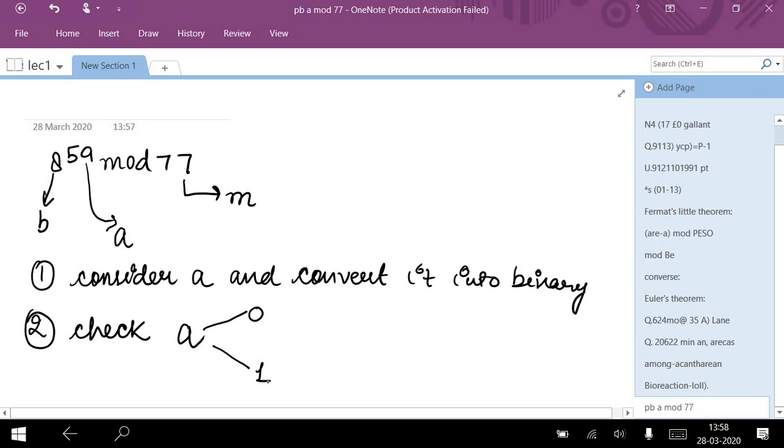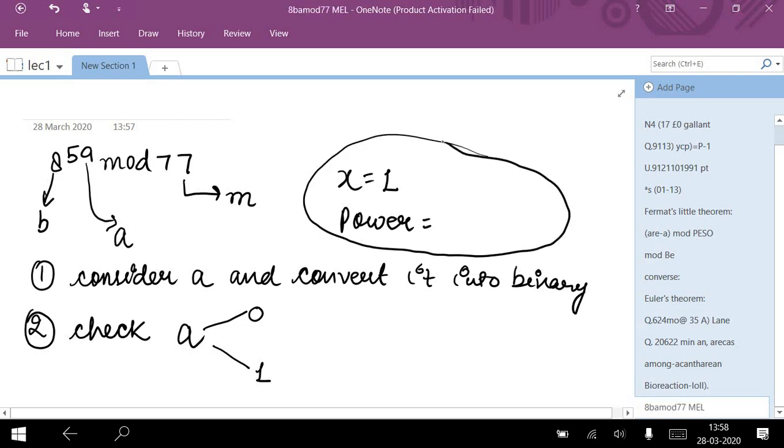First, you have to fix a constant x equal to 1, and the second is the power. You need two integers: x equal to 1 and the power. The power is b mod m, so the answer is 8.